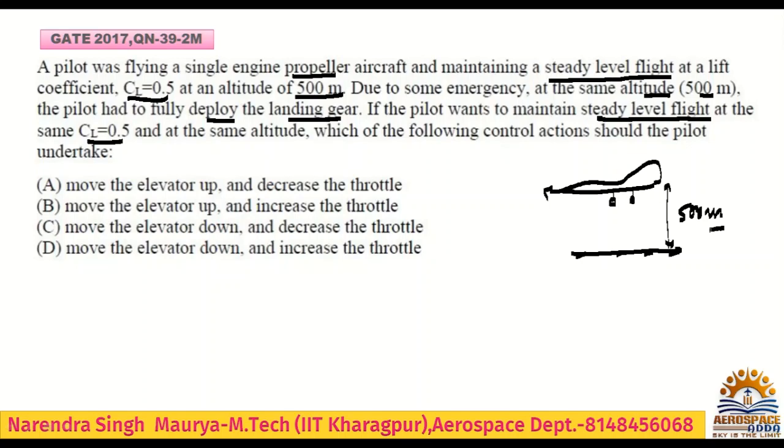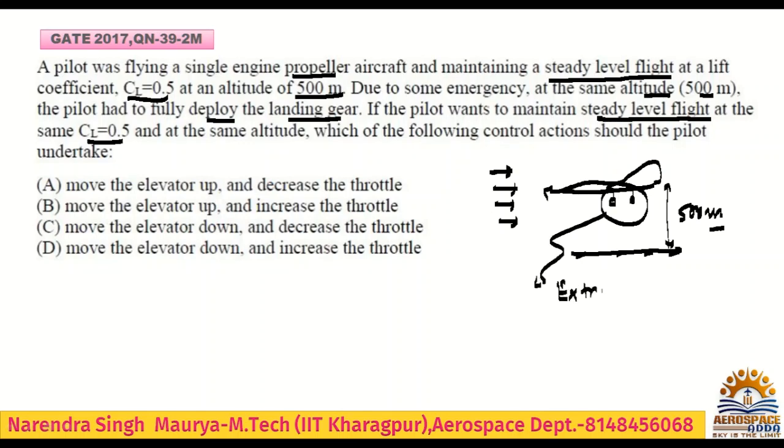So you just think, whenever this landing gear is deployed, what will happen? Because this aircraft is moving in the forward direction, air will come and hit the component of the aircraft. So once it is deployed, whenever it is flying, extra drag will be added.